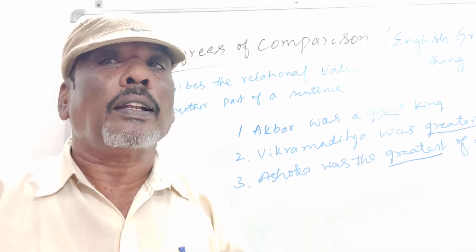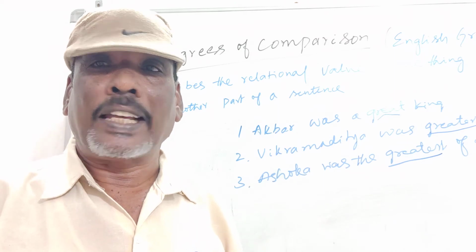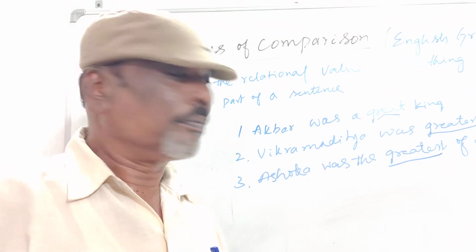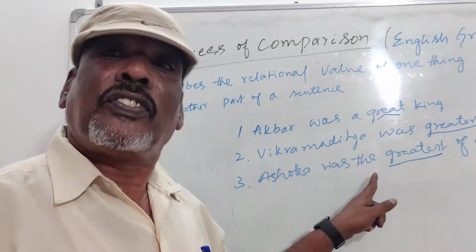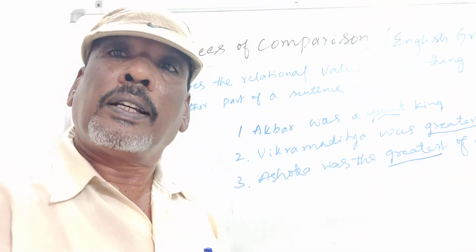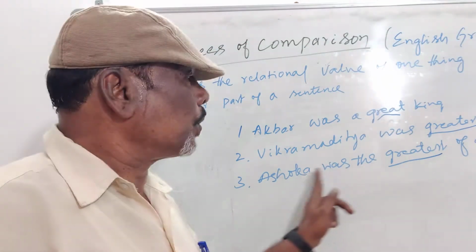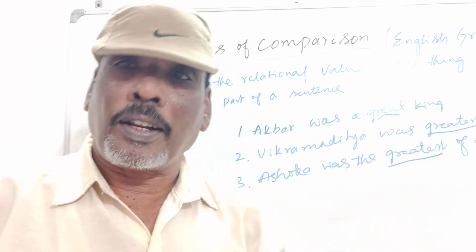Usually, not all the adjectives like that. So great ends with est, and it will be preceded by the. That will have the definite article the. So Ashoka was the greatest of all.